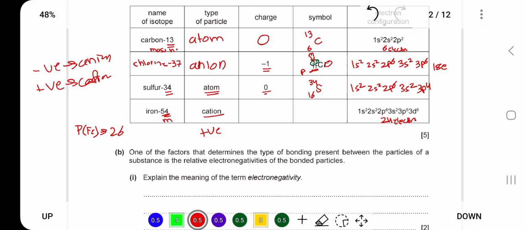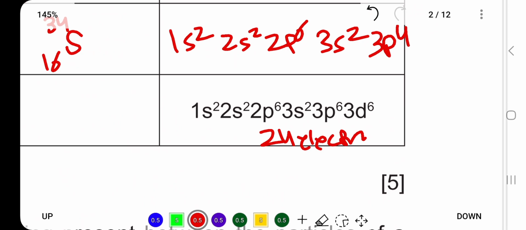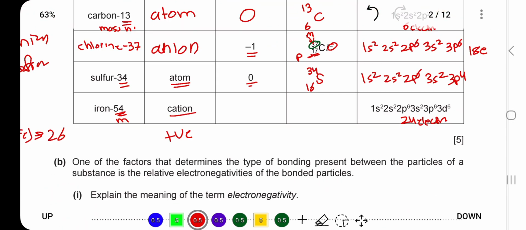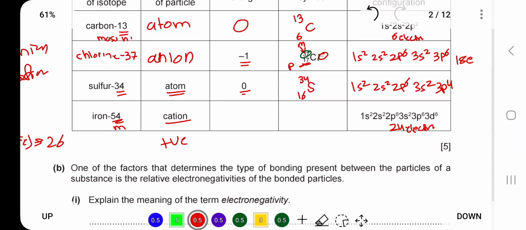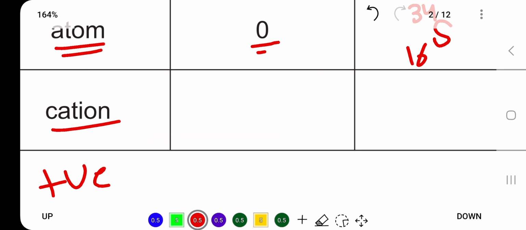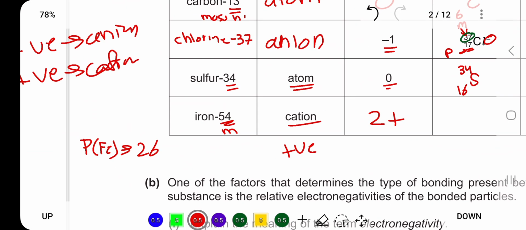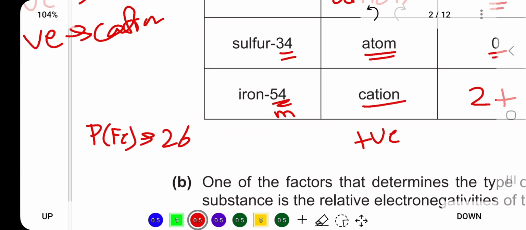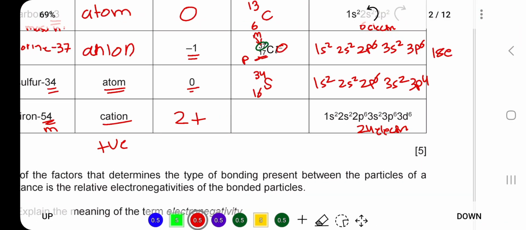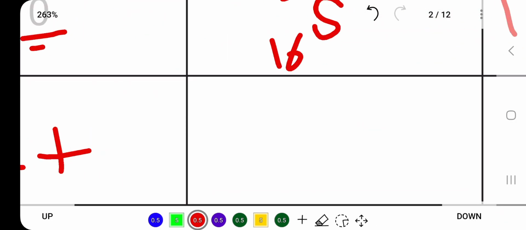Now if you compare it with the electron number that we found from the electron configuration, it is 24. So yes, it is a cation, but by how much? A 2 plus charge means that the electron number has been reduced by 2 to give you 24. That's exactly how we found it now.